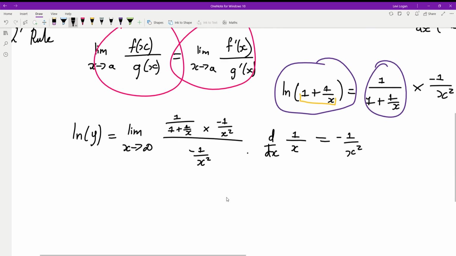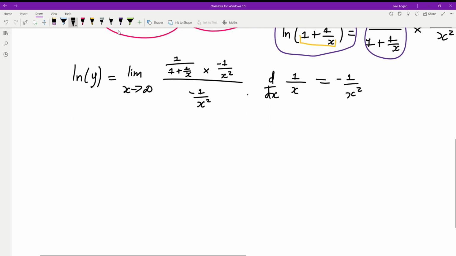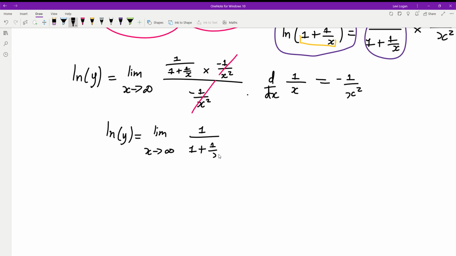Hopefully you can see the reason why we've done this is that those terms can cancel out now. So ideally we have natural log of y is equal to the limit as x goes to infinity of 1 over 1 plus 1 on x.